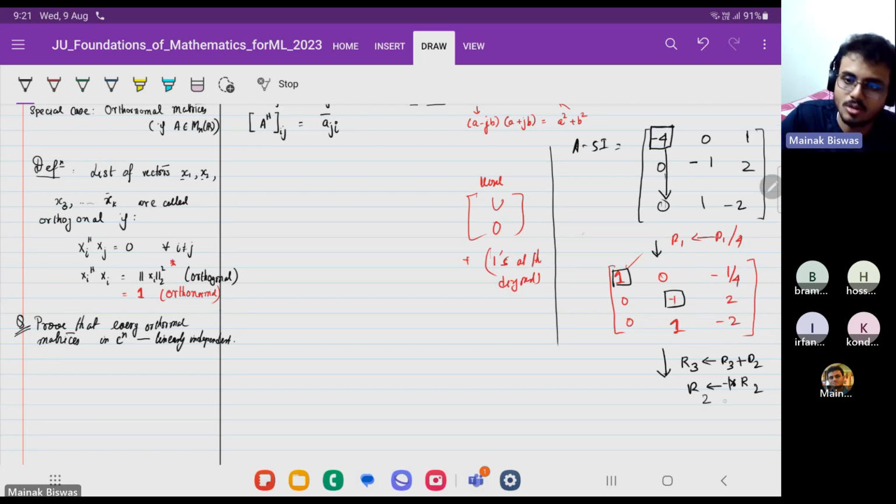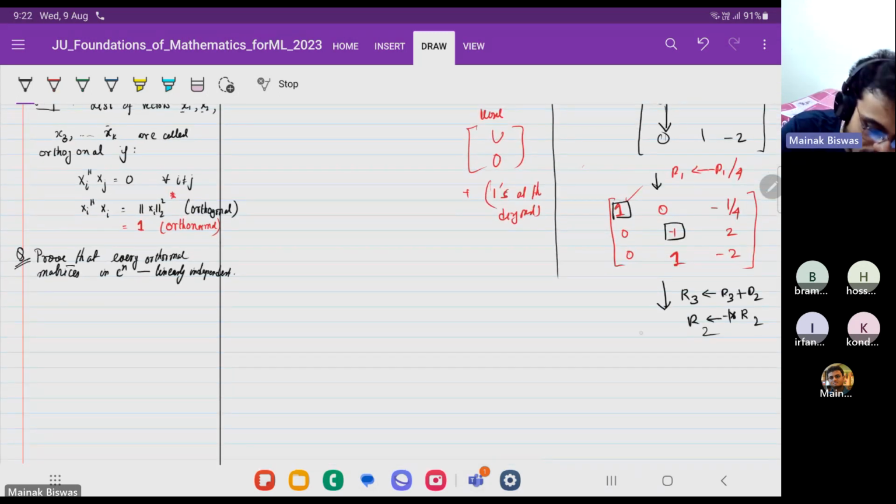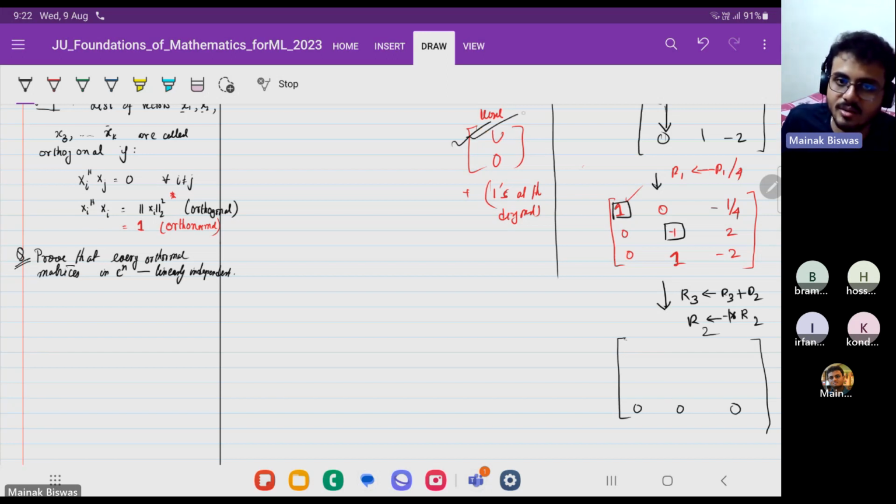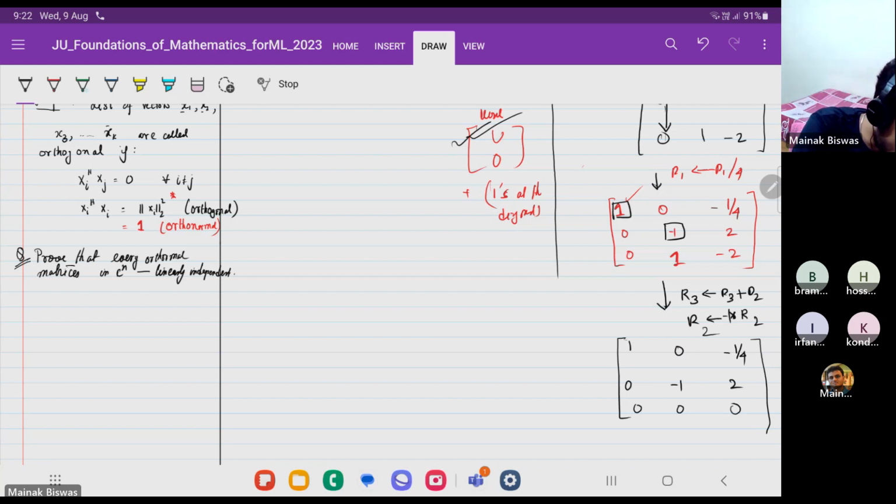These two steps I can do, as Ritik is telling me. If I do this, first I will get 0, 0, 0. This is what I desired. I've also got -1, 2, 0, 1/4, right? Yes or no? Next, I have also multiplied by -1, so this becomes a +1 and this becomes a -1. Agreed?